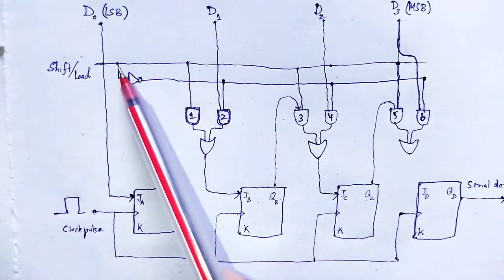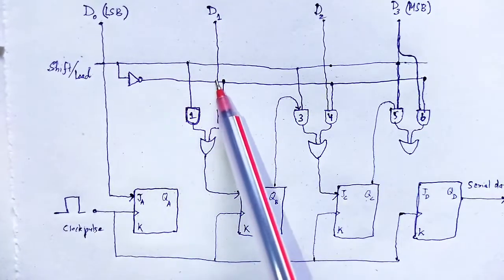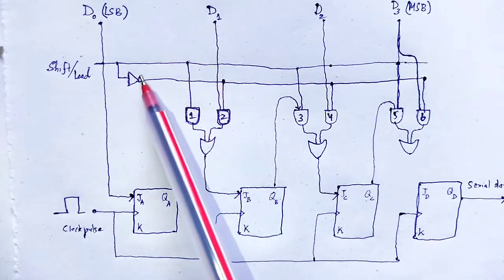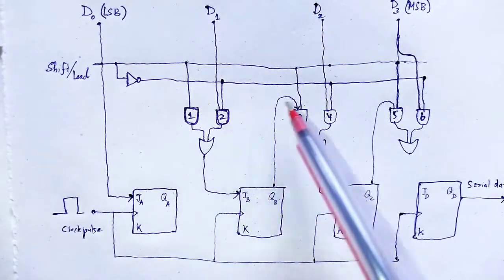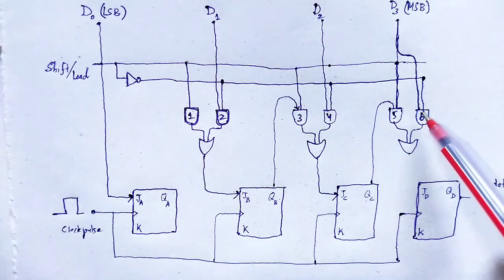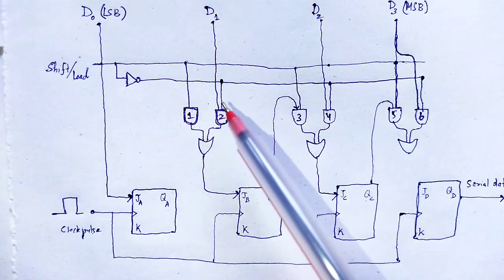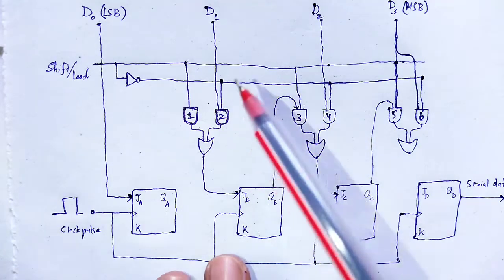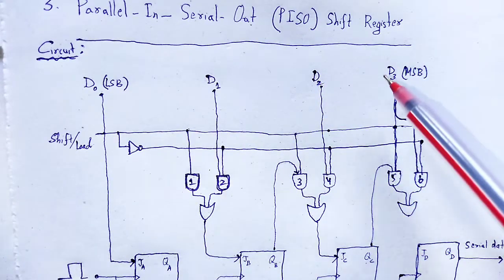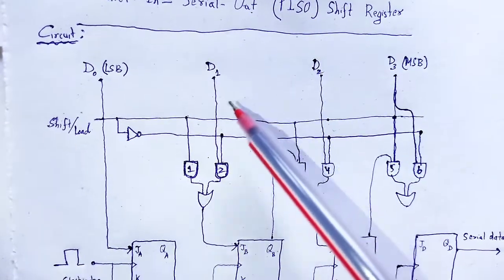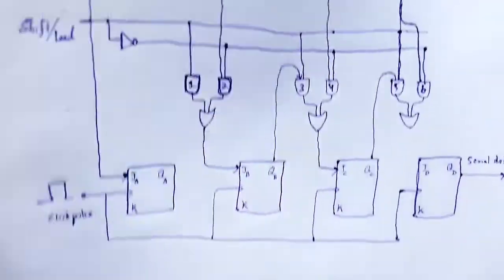Next, the other lower signal gets 1. Since it is 0, the other lower signal will be 1 due to the presence of the NOT gate. So the outputs of the even numbered, meaning 2, 4, 6 AND gates, will be the value of data assigned to the corresponding flip flop. Eventually, the data we have, D0, D1, D2, D3, is loaded to the inputs of the 4 flip flops at the same time. This is parallel loading.